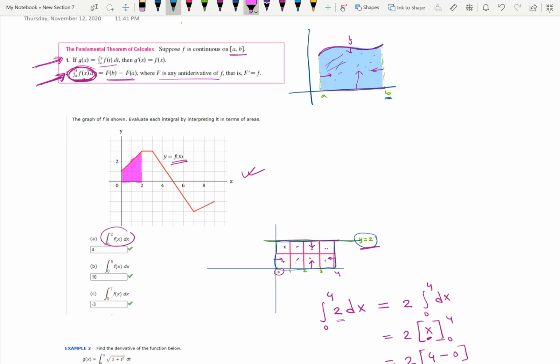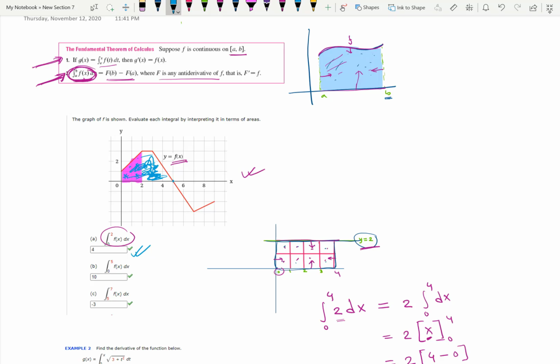Now if you calculate, we have 1, 2, 3 and here another one, so total 4. So 4 is the answer, 4 square units. And the area from 0 to 5, if you calculate this whole part, it would be 10.